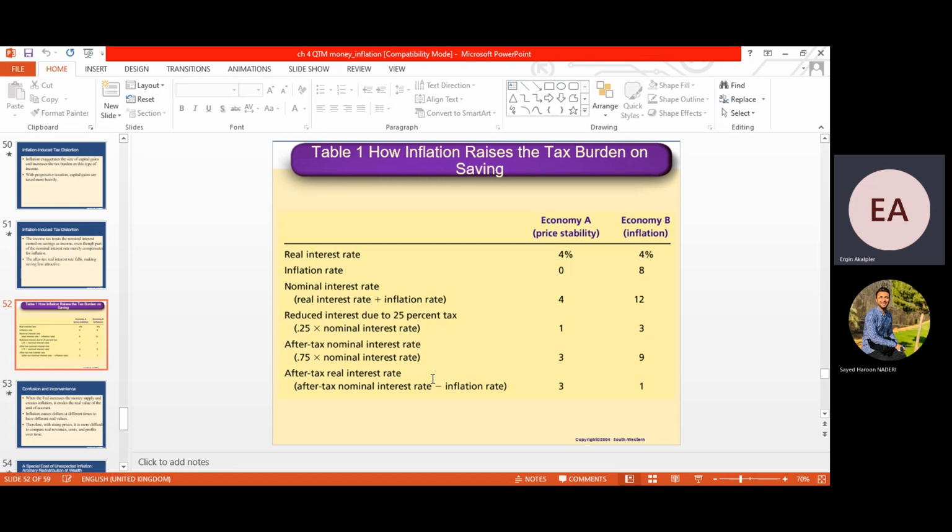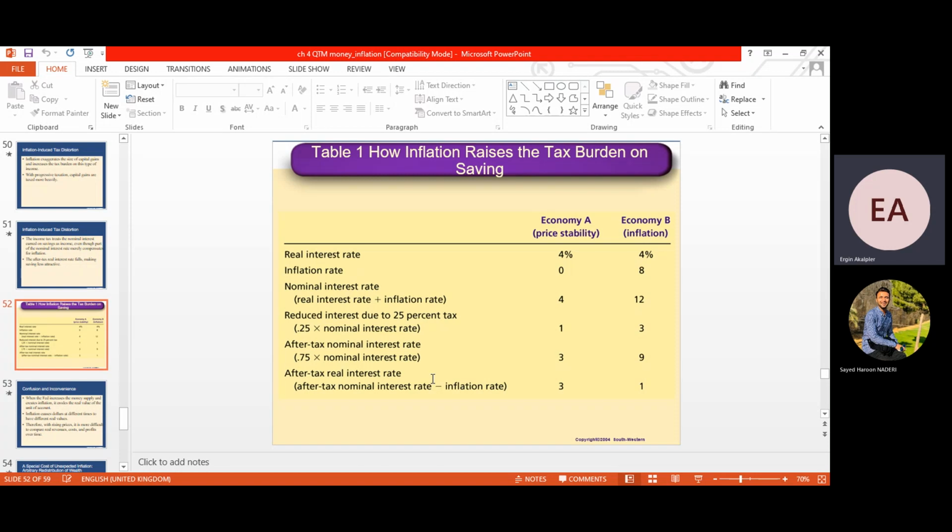The nominal interest rate, the real interest rate plus inflation, is 4 for A, and when you add the inflation, it is 12 for B. The reduction in interest due to this tax, which is artificially created, is 0.25 multiplied by the nominal interest rate: 0.25 times 4 is 1% for A, and for the other economy, multiplying 12 by 0.25 gives 3.